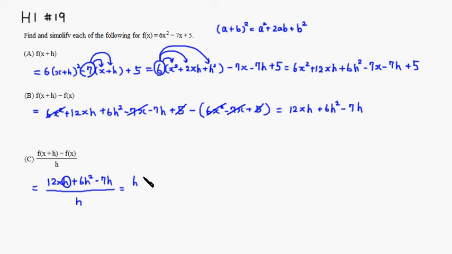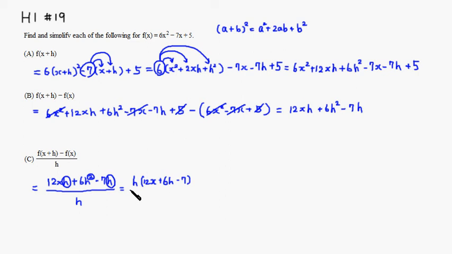So what's left is 12x from the first term. Factor h out from 6h squared would be just 6h left over. And a negative 7h, take a factor h out, so it's going to be negative 7.